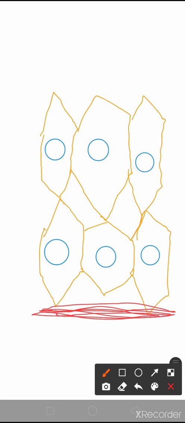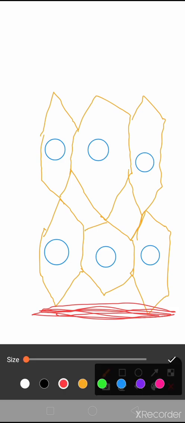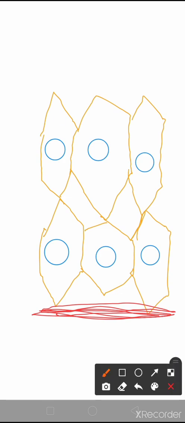So this is compound squamous epithelial tissue, and it is of two types on the basis of whether the upper cells have keratin or not. On the basis of presence or absence of keratin, the compound squamous epithelial tissue is of two types, that is keratinized and non-keratinized.